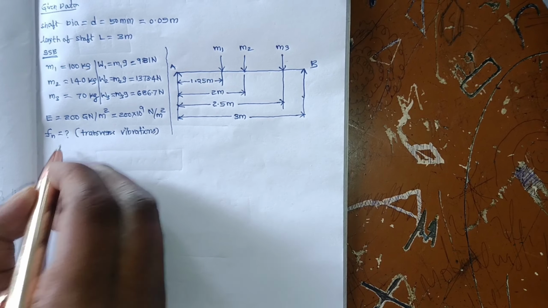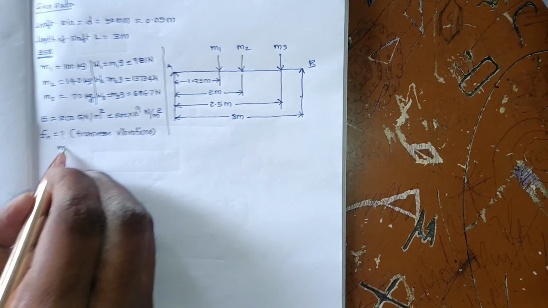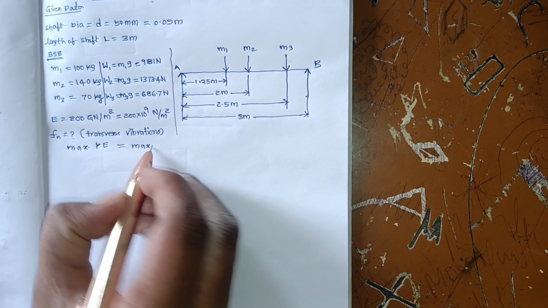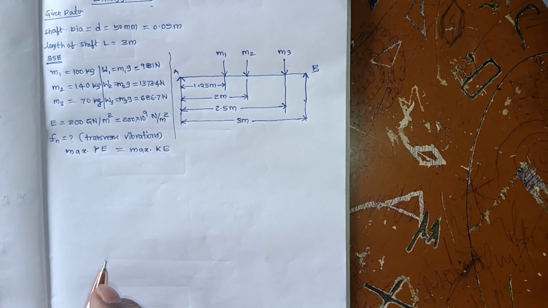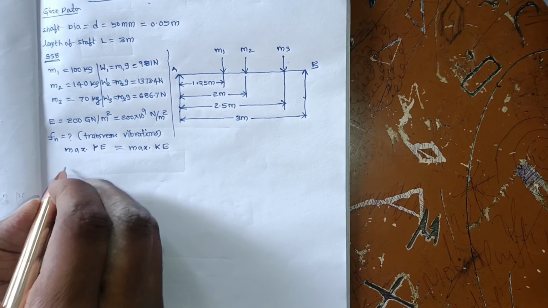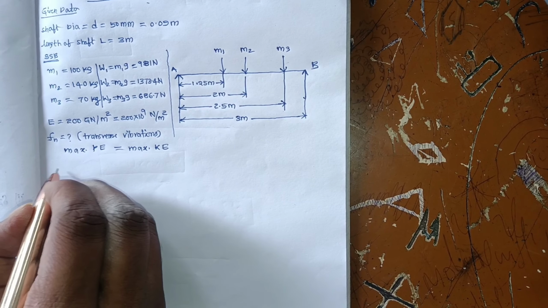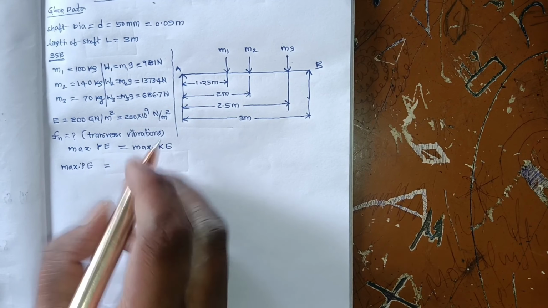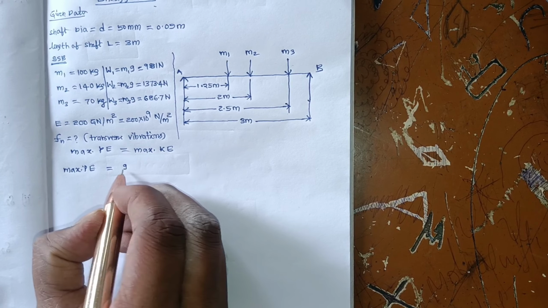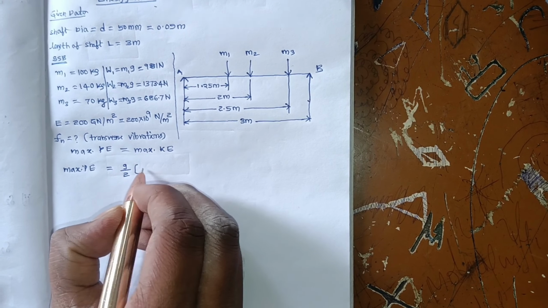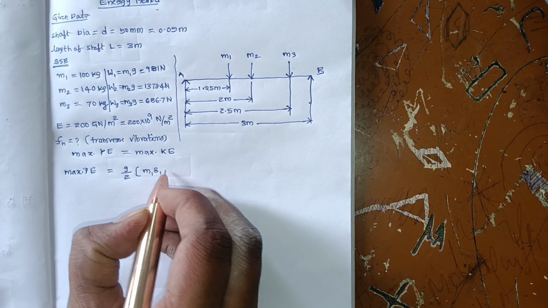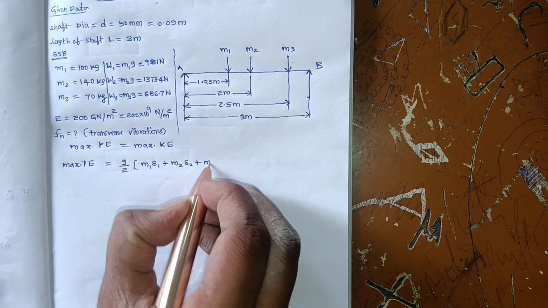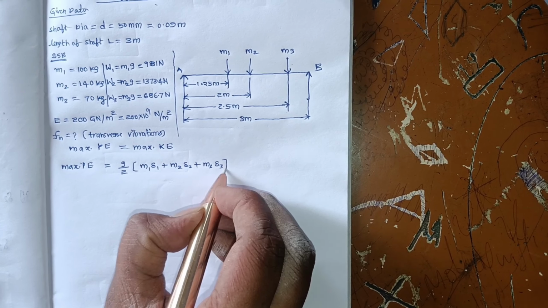As I told earlier, maximum potential energy is equal to g by 2 into m1 delta 1 plus m2 delta 2 plus m3 delta 3.